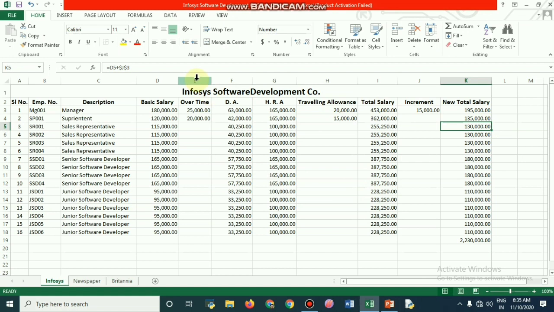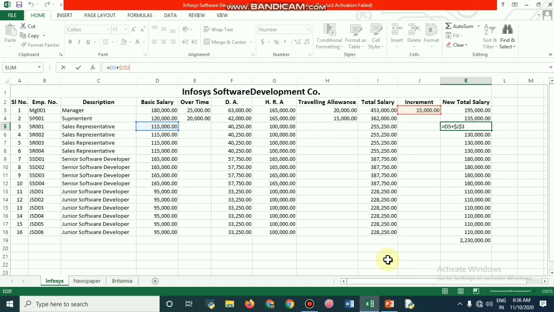That is called absolute cell referencing. You could see here the value of 15,000, which is being increased to each person, need not be copied down all the way. So you could see the changes appearing to each and every person over there.